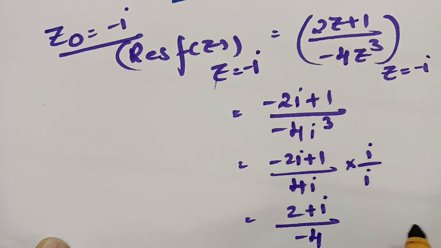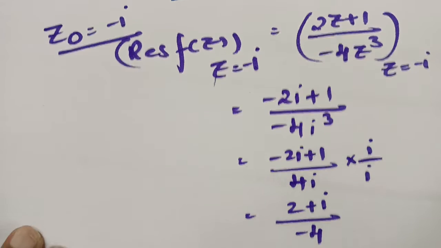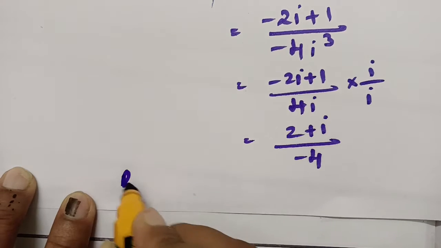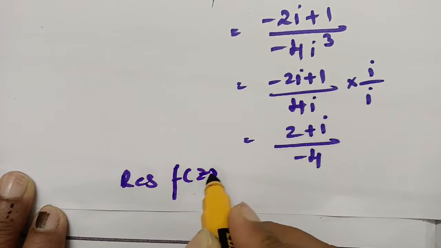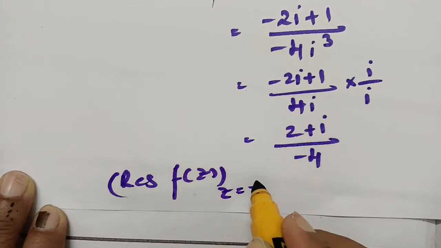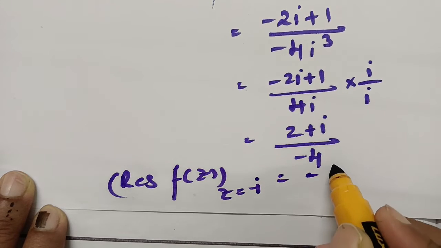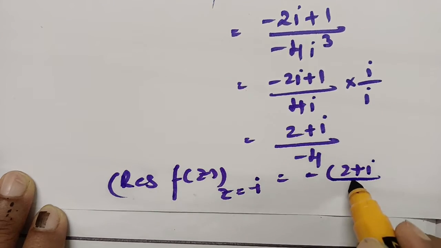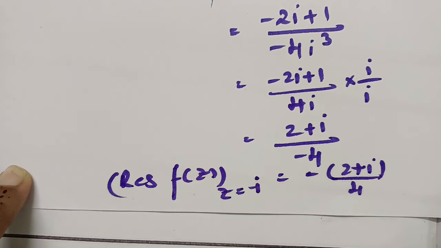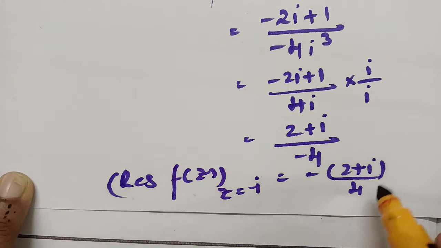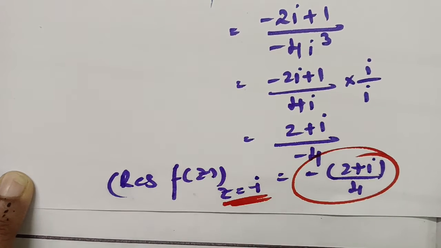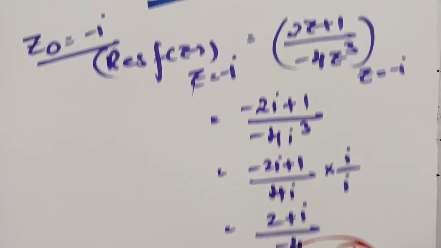This is minus 4. And therefore, if I send this to the numerator, the residue of f of z at point z is equal to minus i is nothing but minus 2 plus i by 4. And this is our corresponding residue value for the pole z is equal to minus i.